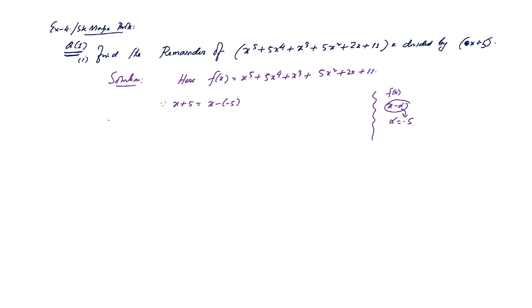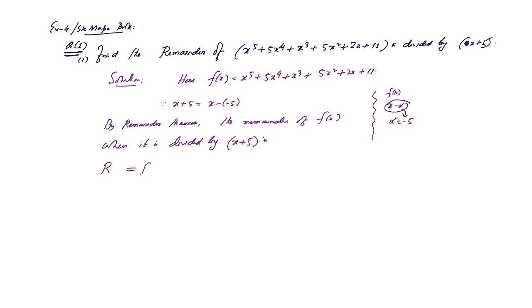So what will be the remainder? By the remainder theorem, the remainder of f(x) when it is divided by x plus 5 is r equals f of minus 5.